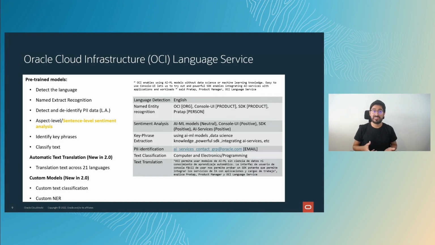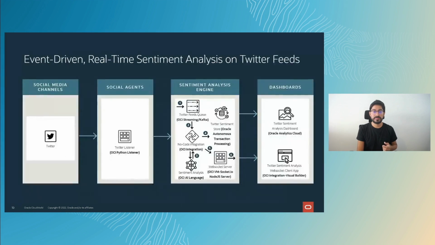And we can even classify text. We can even create your own custom models, and you could provide a kind of custom text classification, for instance, to do AI-based service ticket classification. These kinds of use cases are really useful with this service that we have.